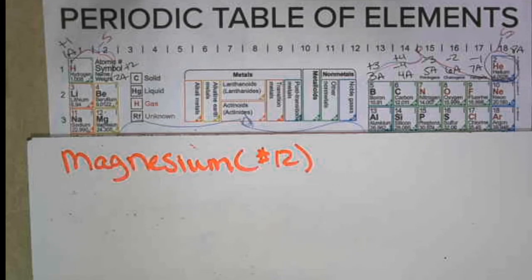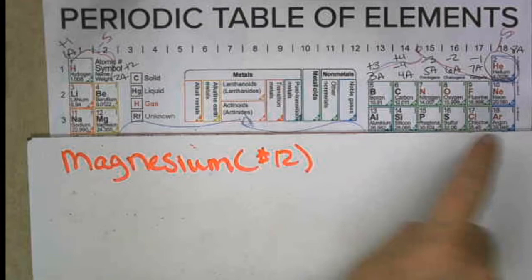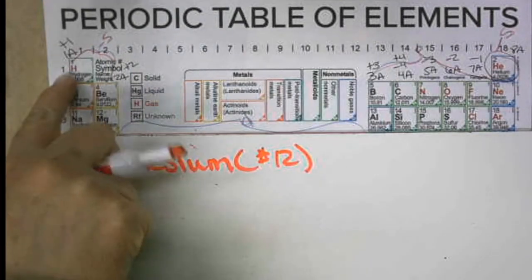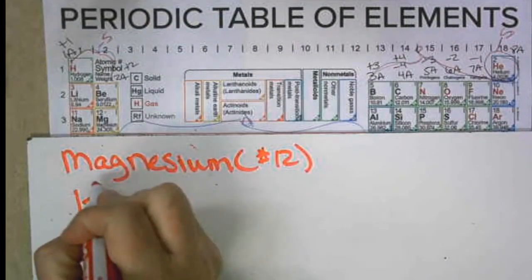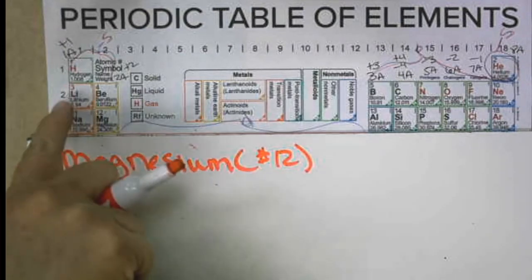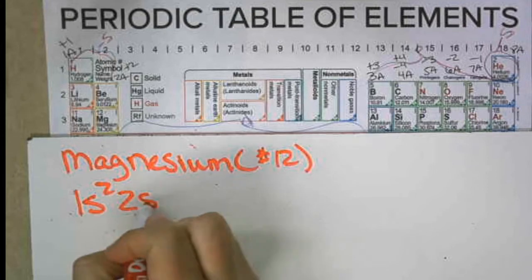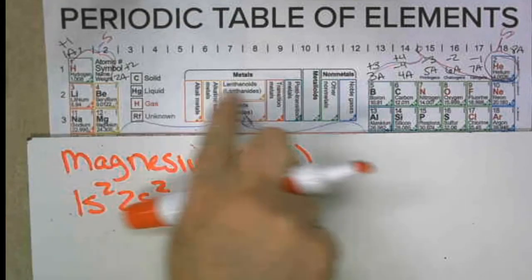Again, you must start at the top left, read left to right, and each line. So I'm going to start at 1s, and 1, 2, still not at magnesium, so I'm going to keep on going. Then 2s, 1, 2, 2s2, read left to right.